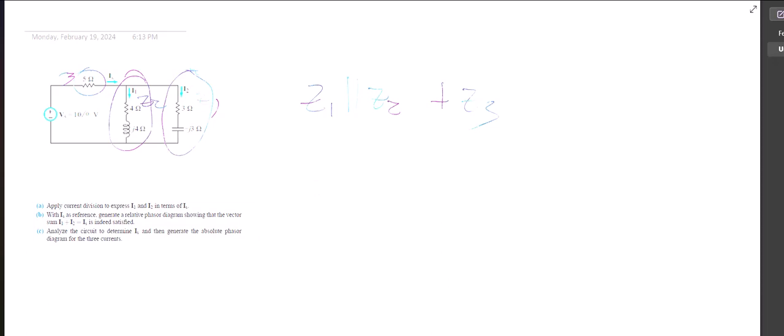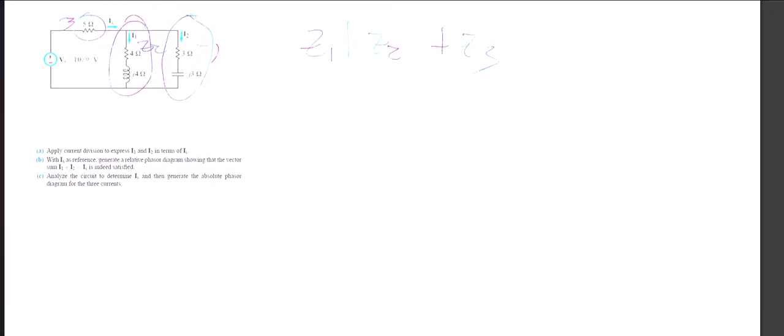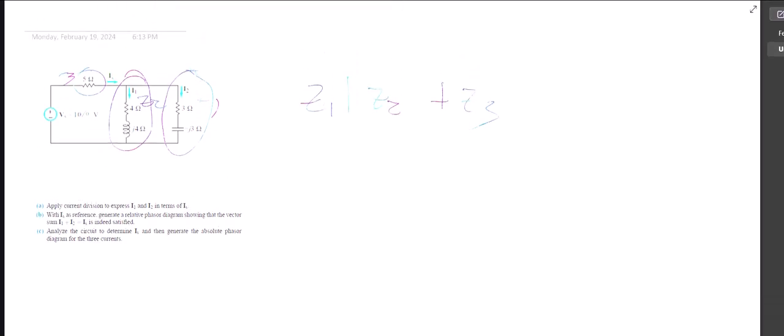So let's ask ourselves, does the actual layout matter at all? What I mean by that is, would it make any difference if I, say, picked this branch up out of the page and flipped it over to the other side so that instead I had something that looked like this?